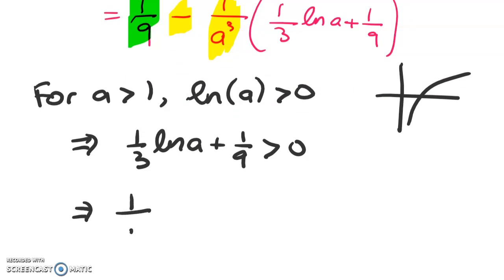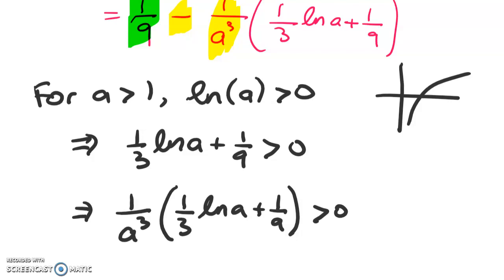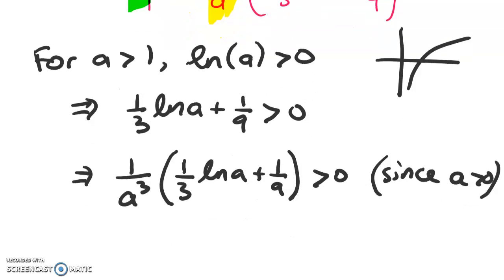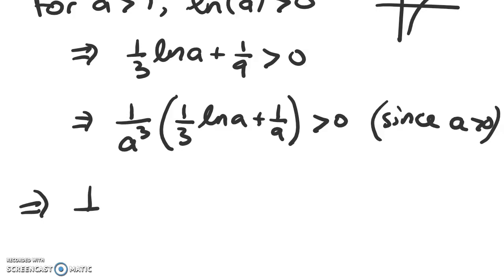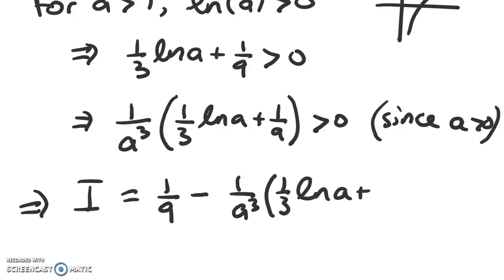And that means that 1 over a positive number times that is also positive, because a is greater than 1, so it's also greater than 0. So the integral is equal to 1/9 minus this, so it must be less than 1/9.